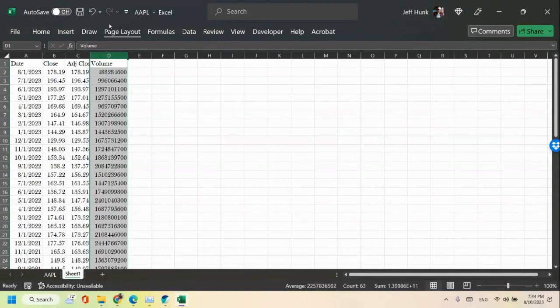In other words, if the price went up or went down as a result of a large volume being traded, like 10 million shares traded during that day, then that's supporting evidence for that price action.